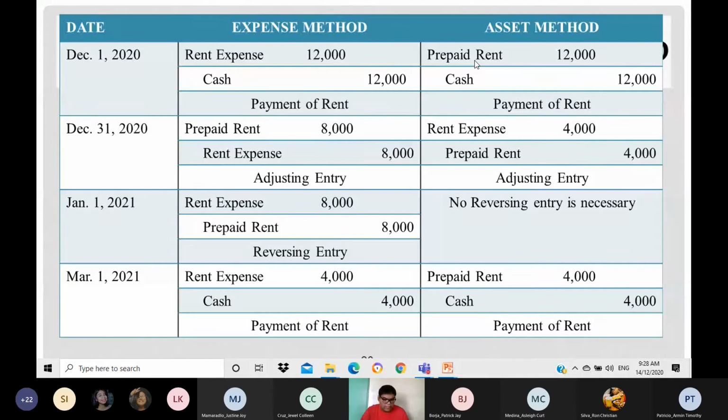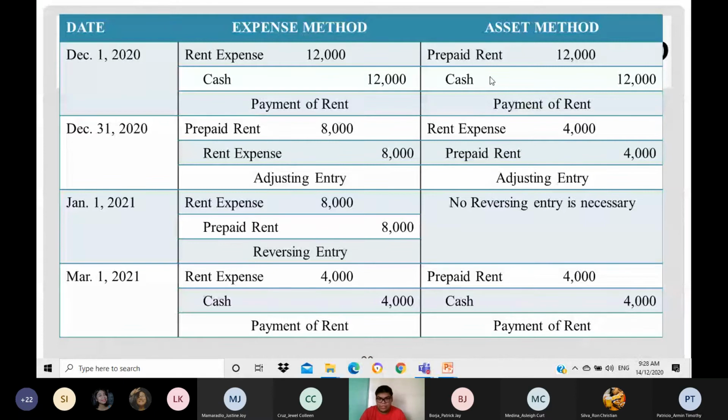On the date it is paid, halimbawa, December 1, 2020, it is assumed that it will be used up before the preparation of the financial statement, hence an expense account.